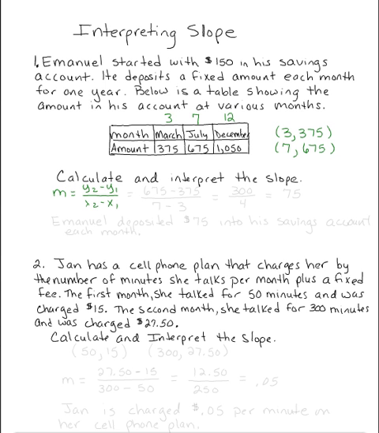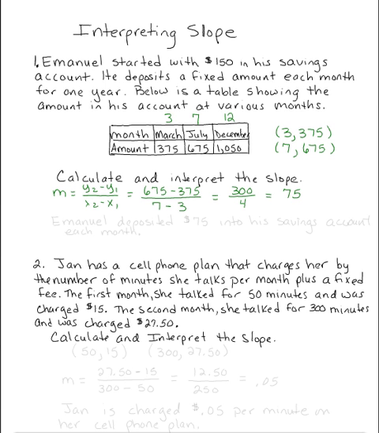So in this problem, I'm going to take 675 minus 375, and then for my denominator, we're going to have x2 minus x1, so that would be 7 minus 3. Now, if we do the calculations, on top, we're going to get 300, and on the bottom, we're going to get 4. And 300 divided by 4 is 75.